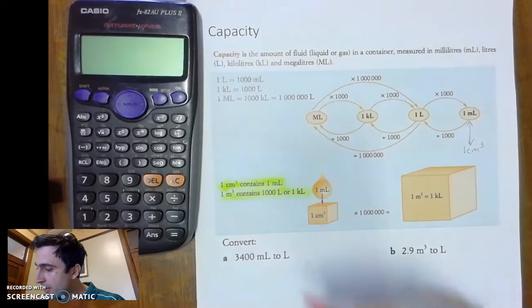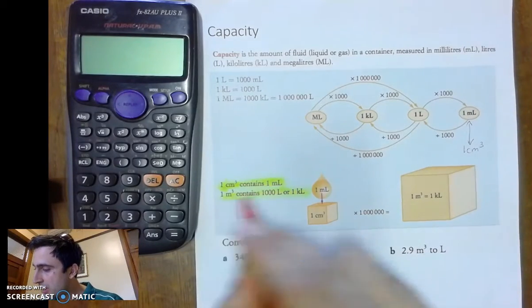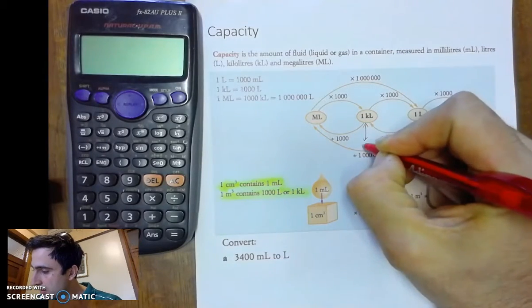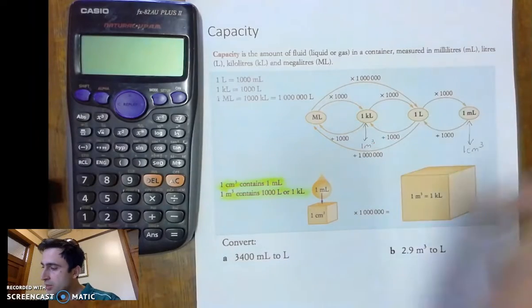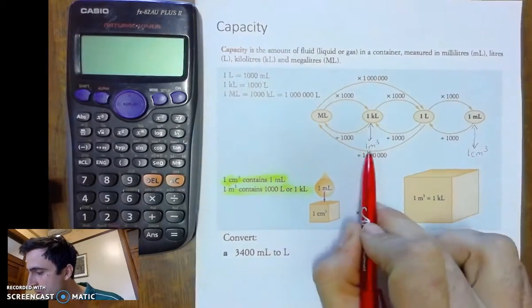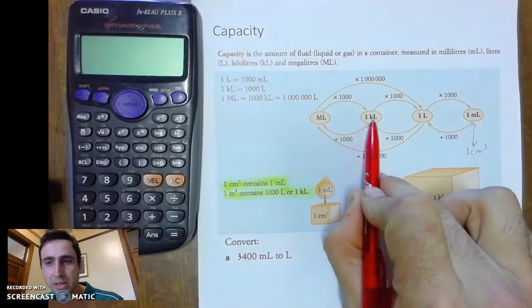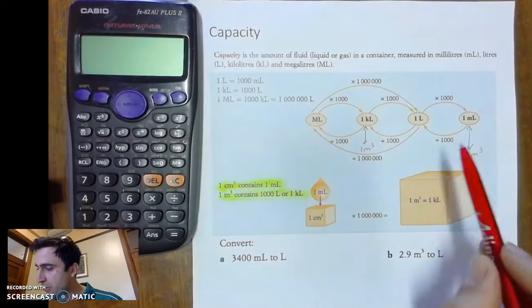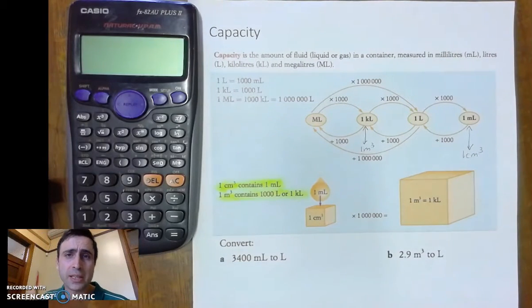And we know that 1 metre cubed takes up a kilolitre. So if you make any measurement that's either in centimetres cubed or metres cubed, you can directly swap them into kilolitres or millilitres. That's a really, really important bit, hence the reason I highlighted it. Please copy it down somewhere. Make it big and pretty.